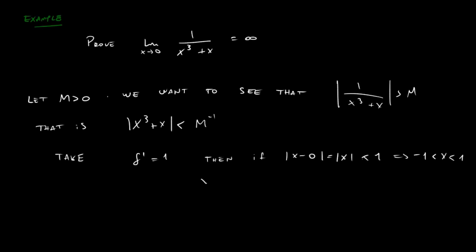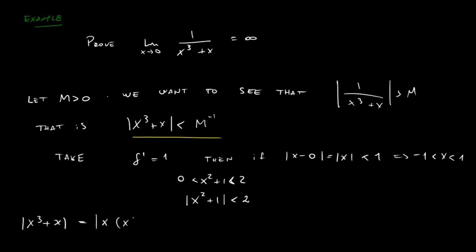Then x squared plus 1 is between 0 and 2. And so we can say that the absolute value of x squared plus 1 is smaller than 2. But now the thing we want to bound is x to the power 3 plus x. So let's write it: |x to the power 3 plus x|. We can take common factor x, and we have x squared plus 1. This is the reason why I did all this.